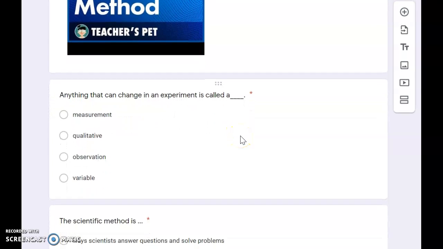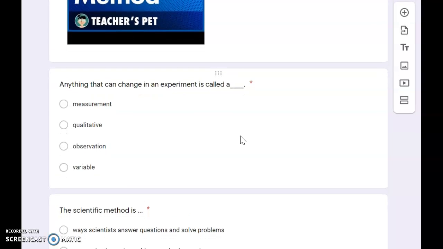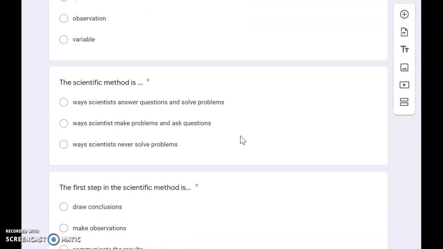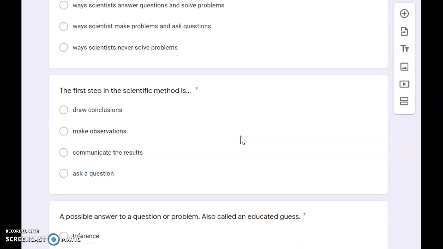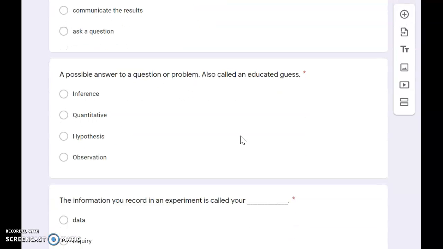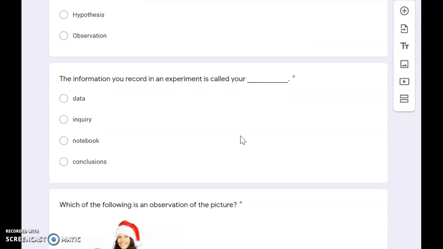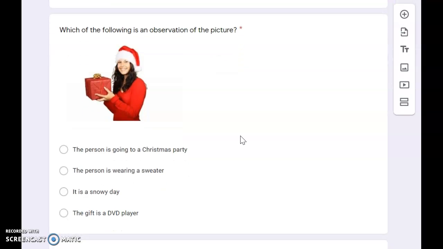The first question is, anything that can change in an experiment is called a what? The scientific method is blank. The first step in the scientific method is... A possible answer to a question or problem, also called an educated guess, is... The information you record in an experiment is called your... Which of the following is an observation of the picture?